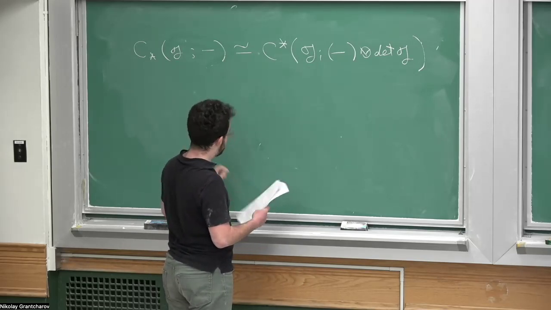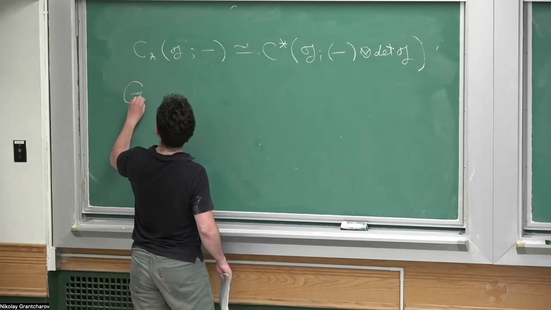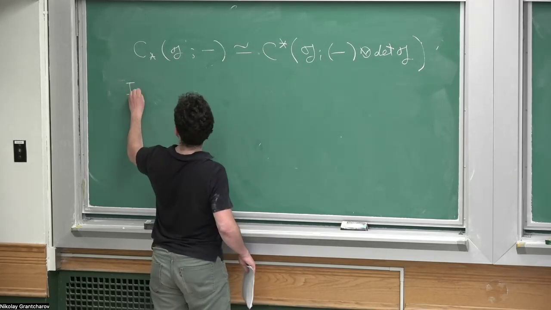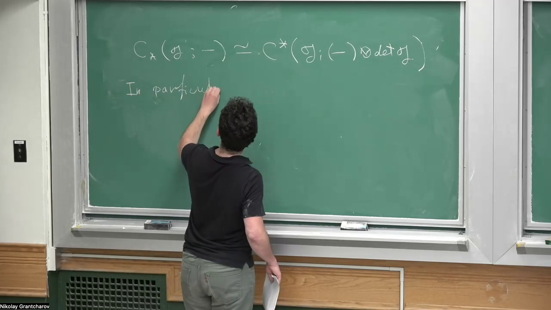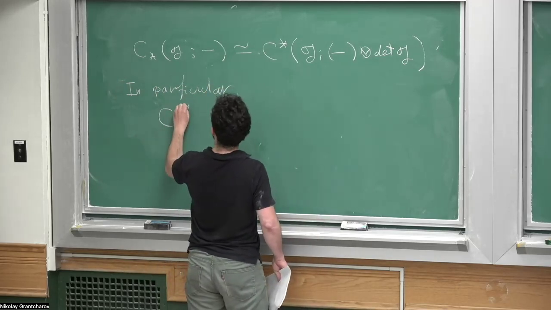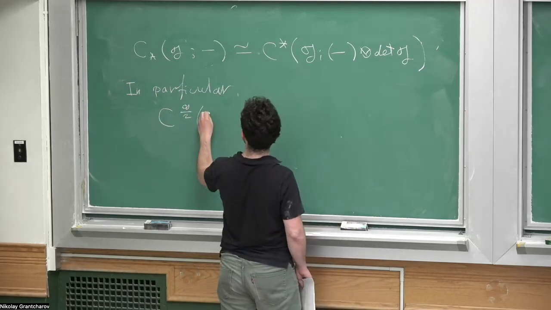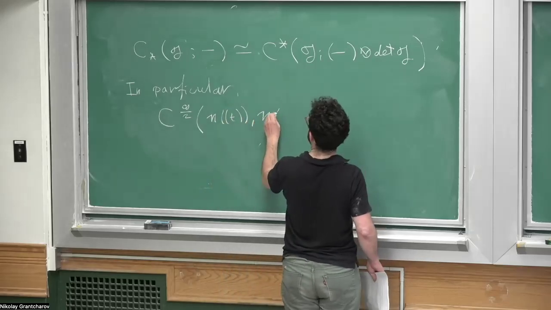Then, in particular, it makes sense to write the semi-infinite cohomology of our vacuum representation.